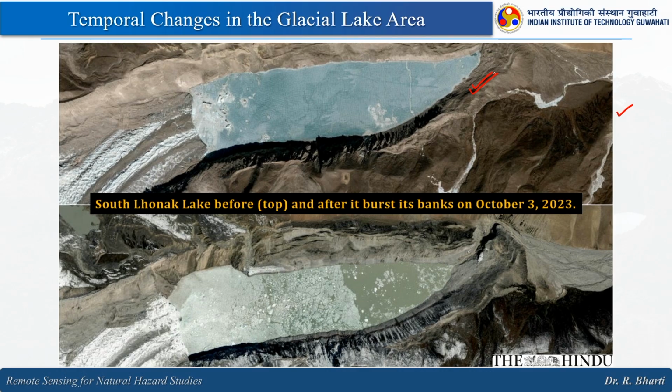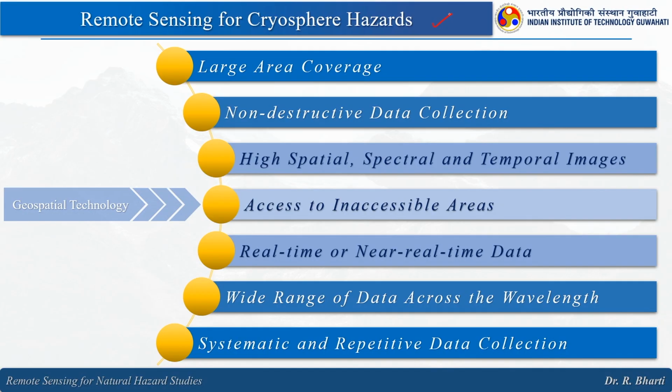This is before the breach and this is after the breach. Once we have the advantage of satellite images, we can have continuous monitoring of the given glacial lakes. So let us try to understand the importance of remote sensing in cryospheric hazards.